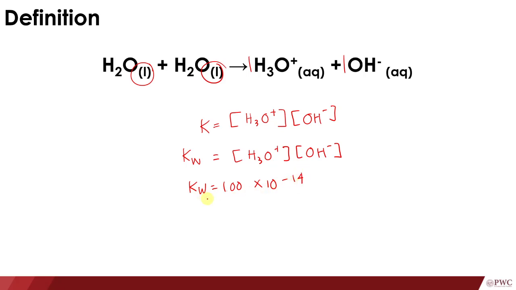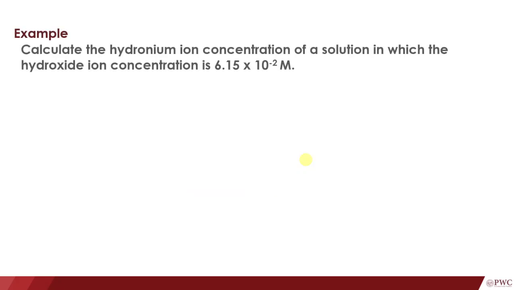Again, Kw is equal to the product of the concentration of hydronium and the hydroxide ion. If we have the Kw, then we can calculate the concentration of either the hydronium or the hydroxide ions if one is given. Let's see how this works in this sample problem.